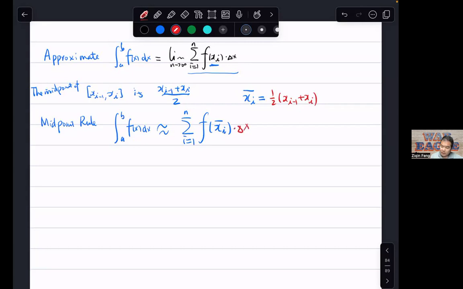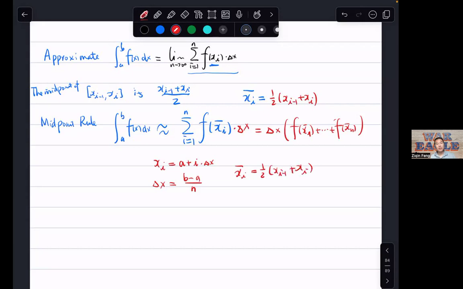So the right side is delta x, a common factor, times f of x1 bar plus all the way to plus f of x_n bar. Here x_i is a plus i times delta x, and delta x is (b minus a) over n.